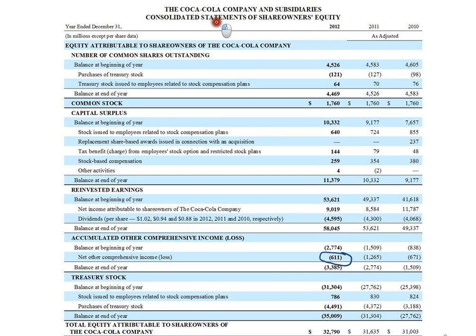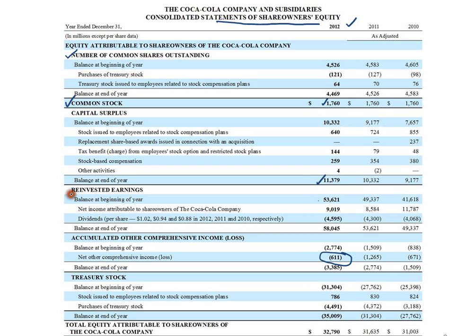Okay, so let's get oriented. This is a statement of shareholders' equity, stockholders' equity. We're in 2012. This is just a blow up of the stockholders' equity section, giving you some details. All right. So typically you'll have a section with number of shares, and then they'll get to the stock itself. So you have the common stock at the beginning of the year, the common stock end of the year. Then you have the reinvested earnings.